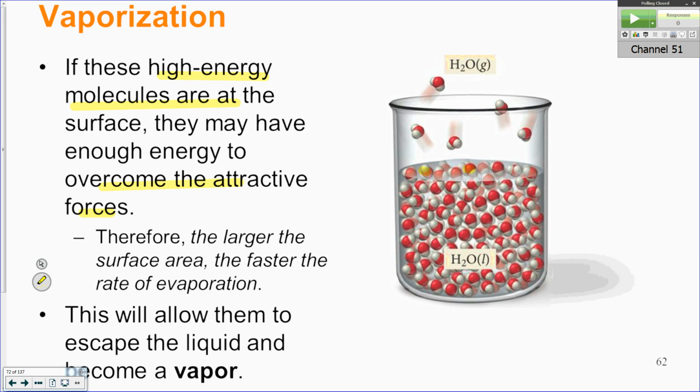They're shaking, they're trying to move, they get loose, and if they get enough energy, they break loose into the vapor phase. Molecules that don't have enough energy can't break loose, they stay trapped in the liquid, but the few that have enough kinetic energy escape out into the vapor phase.